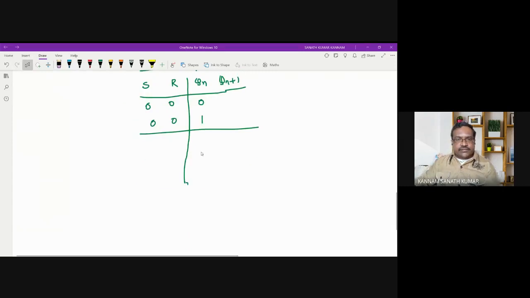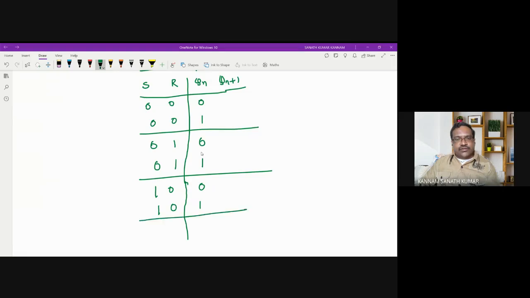Next 0 1, where Qn plus 1 is 0, then 1 0, and 1 1.